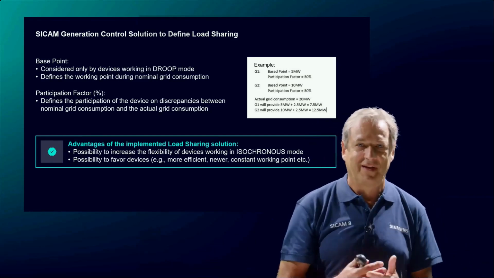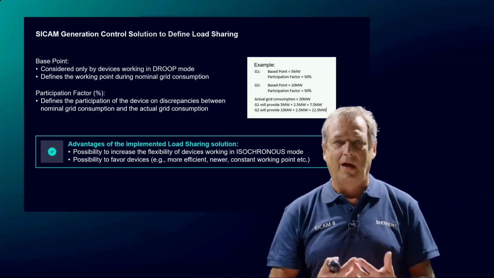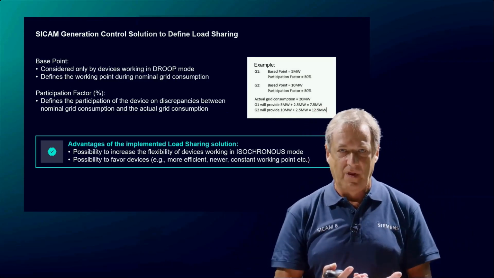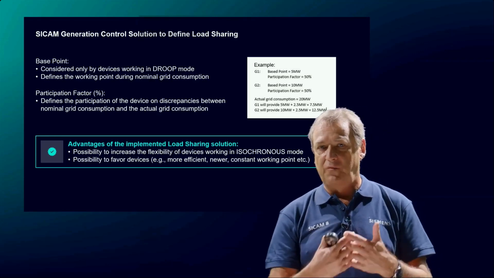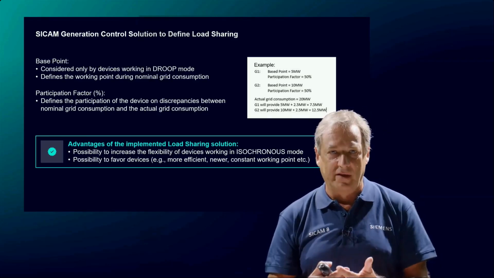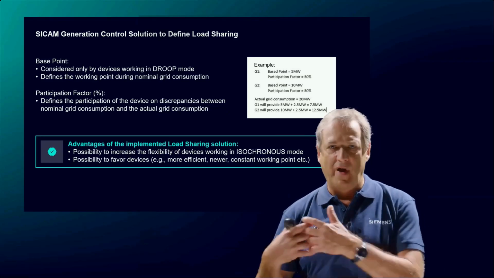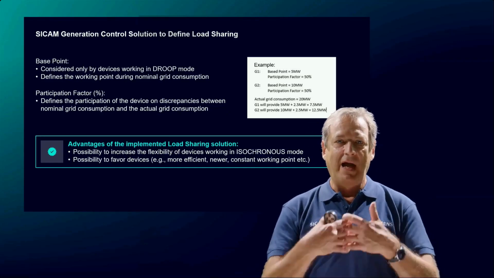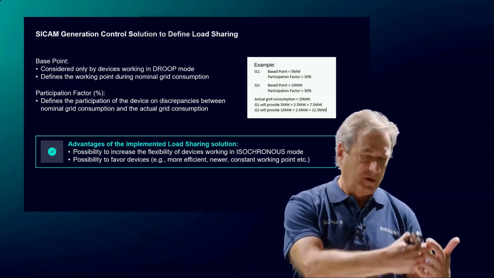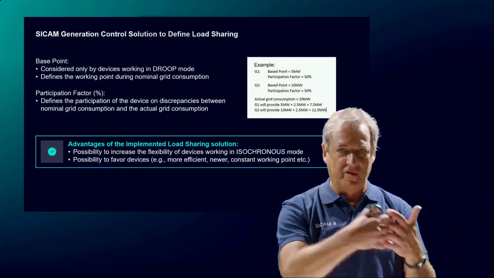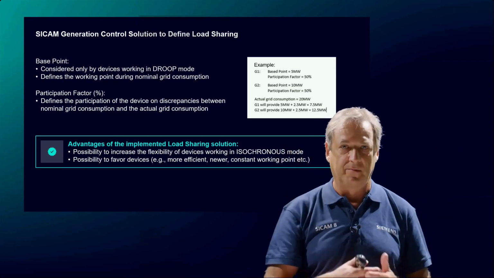And now, just an example to give you an idea how the principle works. Imagine that there is a generator with a nominal active power of 100 megawatt, which is very modern and very efficient. The highest efficiency is achieved when this generator operates at 98% of its nominal power. Just imagine that.